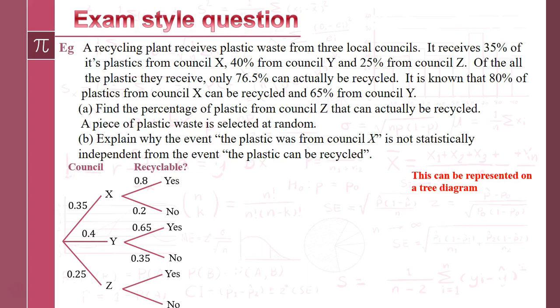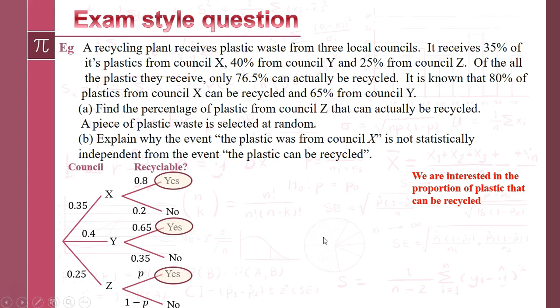So anytime I've got any missing values in any calculation, what do I do? Just use a letter. I'm going to refer to the proportion of recyclable plastics from Council Z as P. If I put those in like that, there we go. Now we're given a piece of information: we're told that 76.5% can be recycled from all the councils. So what we need is all of those recyclable plastics bits.